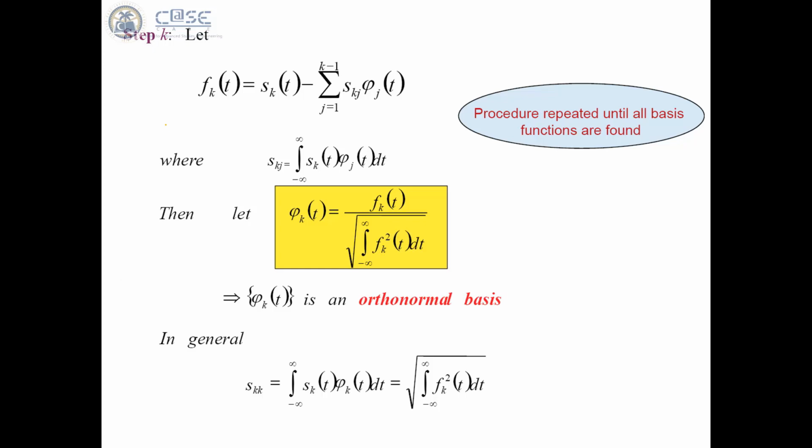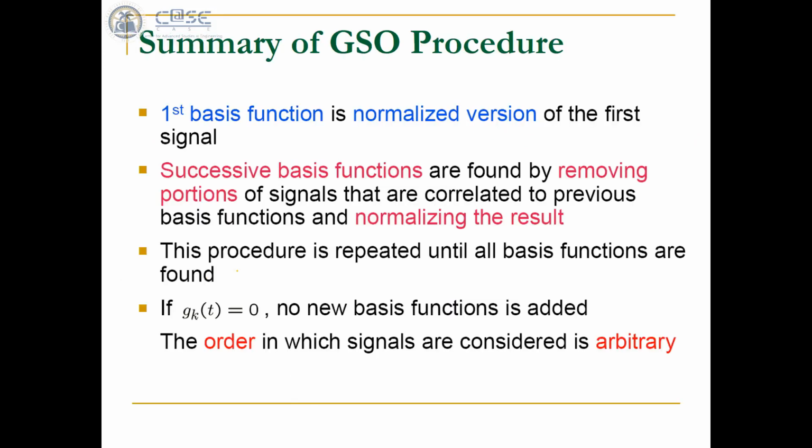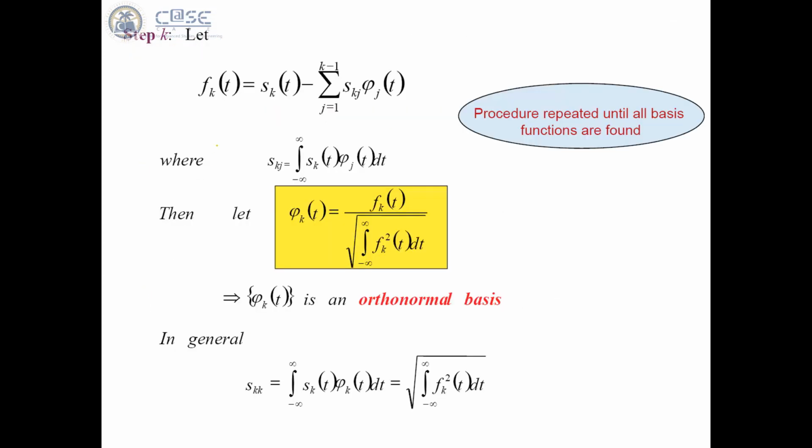By the way, this is g k of t, it should have been f k of t, please correct it. If in any step f k of t comes out to be 0, then in that step no new basis function is added into the system.